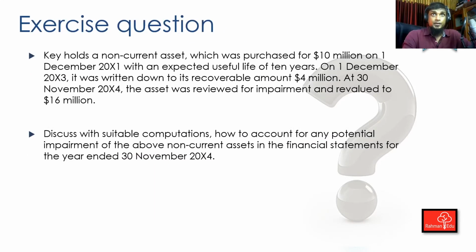All right then. Now we will go to an exercise. He holds a non-current asset which was purchased for $10 million on 1 December 2001 with an expected useful life of 10 years. On 1 December 2003, it was written down to its recoverable amount of $4 million.